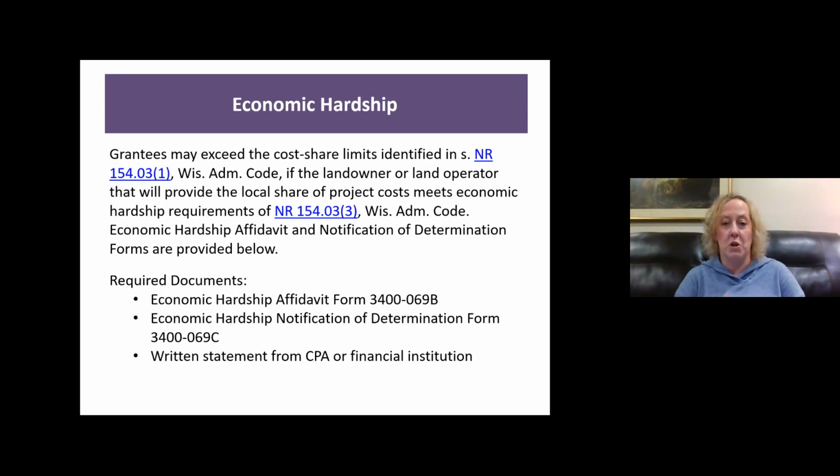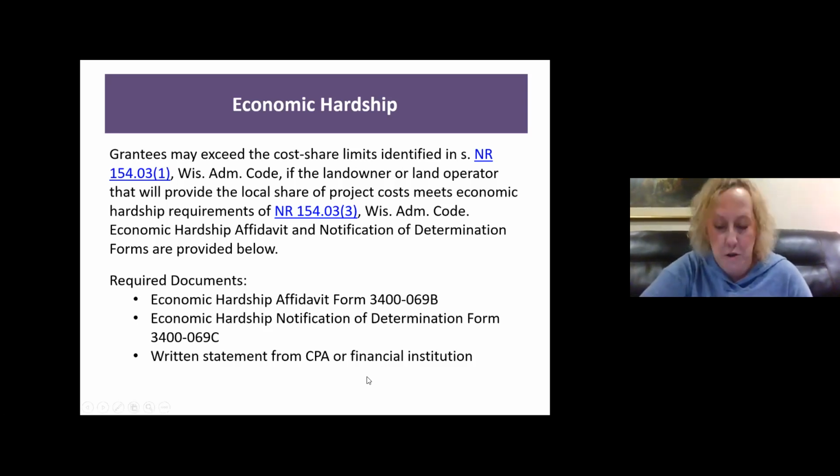the affidavit, the notification of determination form, and then make sure you obtain a written statement from a CPA or accredited financial institution, essentially talking about their actual financial situation.